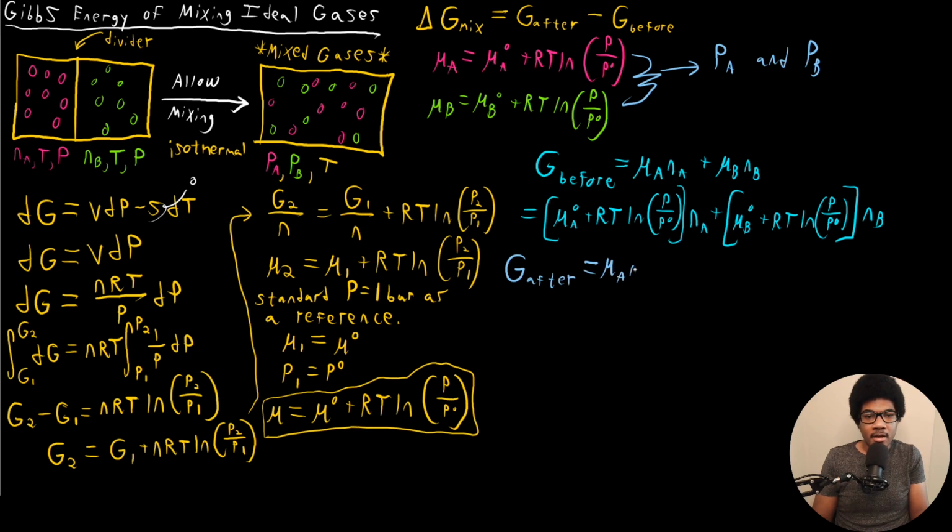We know that mu A times Na plus mu B times Nb is going to give us the total Gibbs energy after the mixing occurs, right?